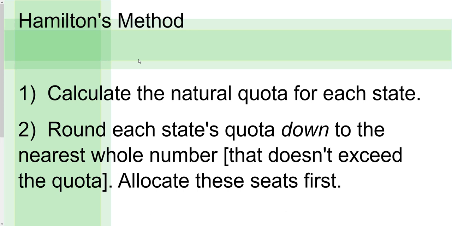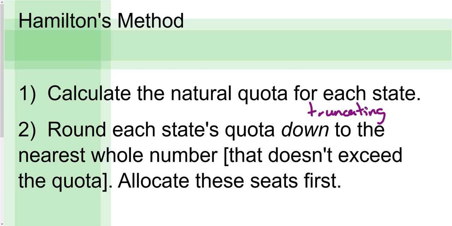Number 1, calculate the natural quota for each state. That's that number that says the exact, with the decimals, of how many representatives that state gets. Number 2, round each state's quota down to the nearest whole number, regardless of what the decimal says. We call this truncating. In other words, we're assigning the whole number of representatives that get awarded first, because those will not change.